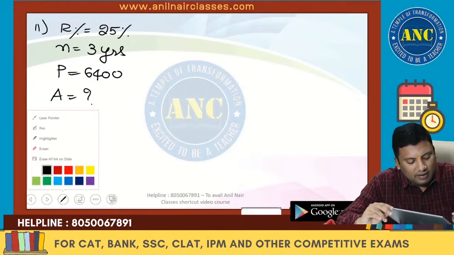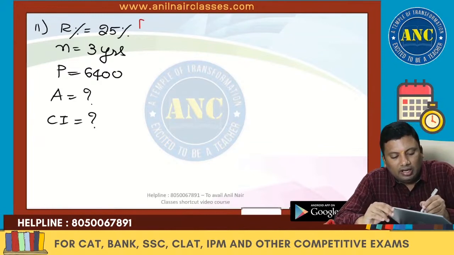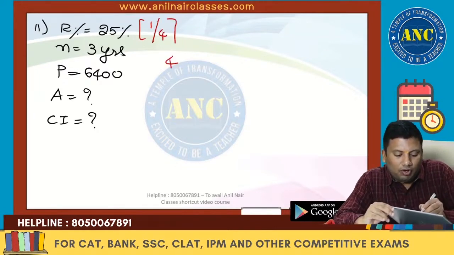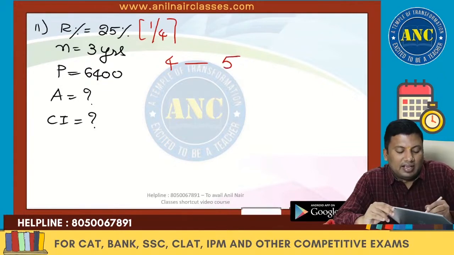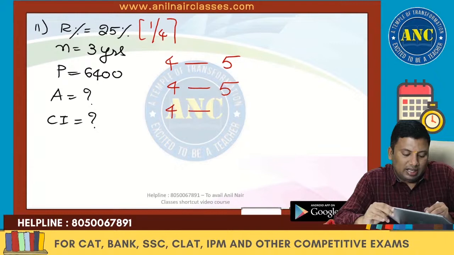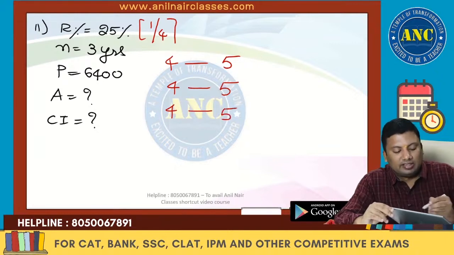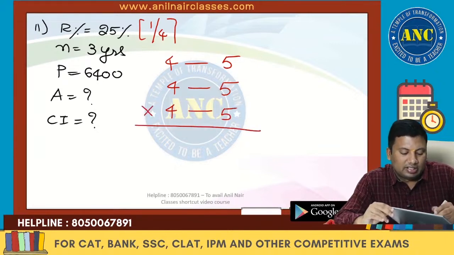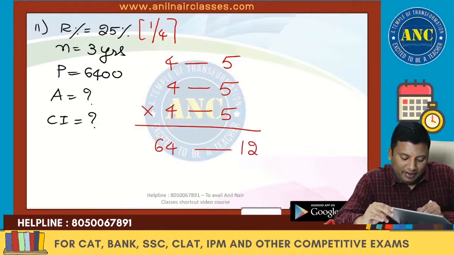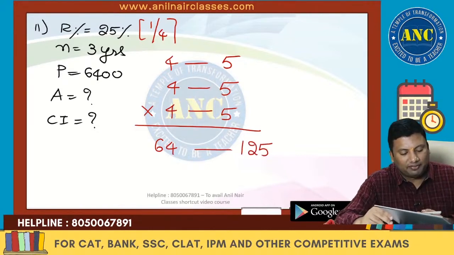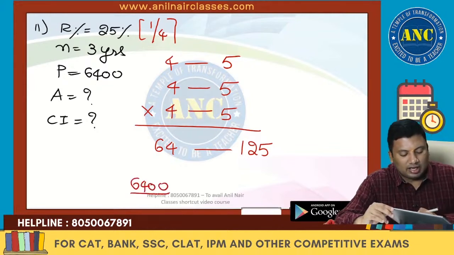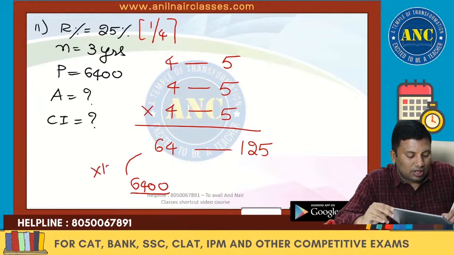Now see here, 25 percentage is 1 by 4. 4, 1 increase, which is 5. Second year 4, 1 increase, it is 5. Third year 4, 1 increase, it is 5. For 3 years it is 4 4 4, which is 64. 5 5 5, which is 125. 64 is becoming 6,400, so it is into 100.